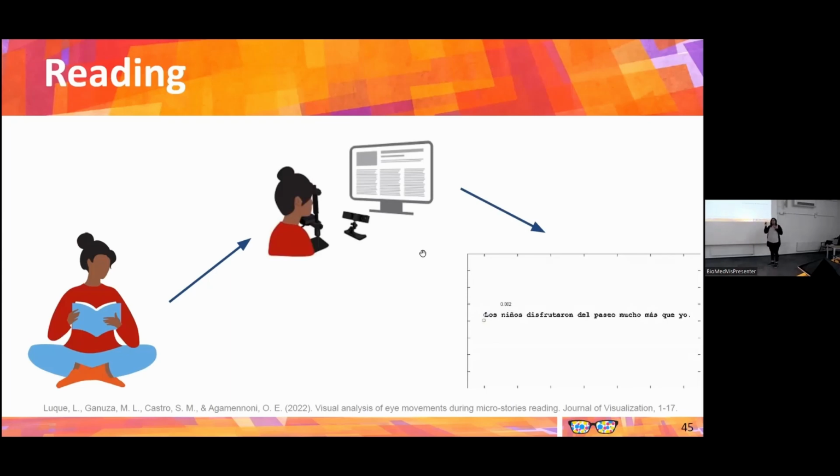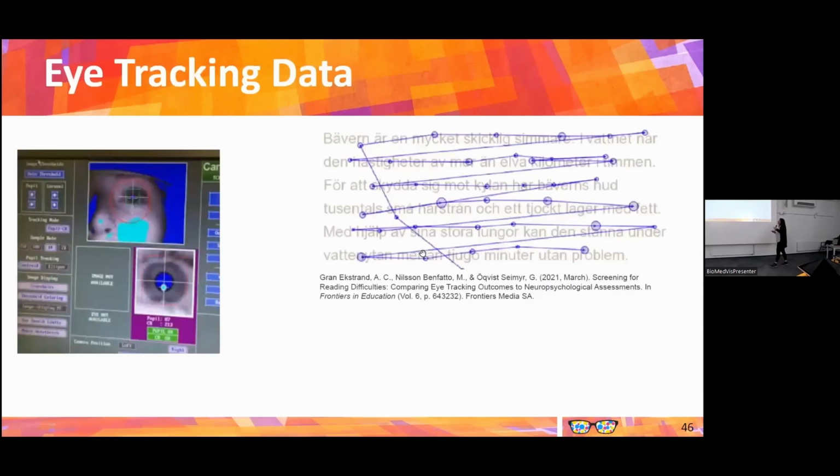It tracks where your eyes are looking over a stimulus, in this case, a text, and it gives you information. How much time did you spend looking at some point? How fast are you moving your eyes? How is your pupil? Is it big? Is it small? And you can derive a lot of information from that.